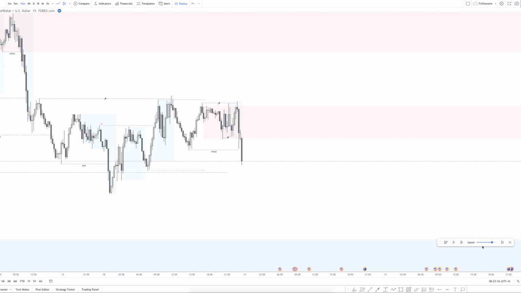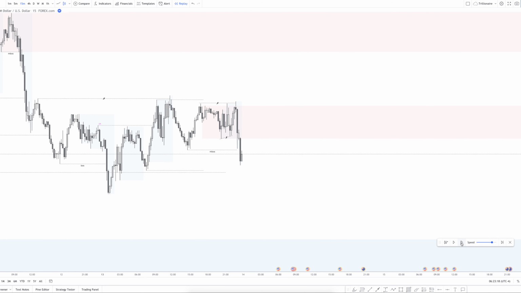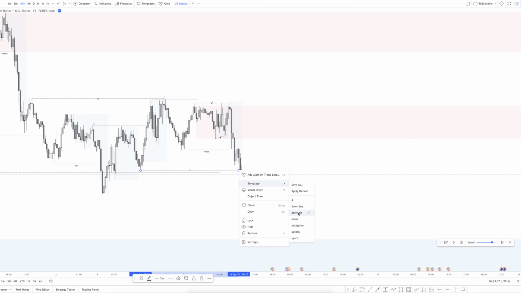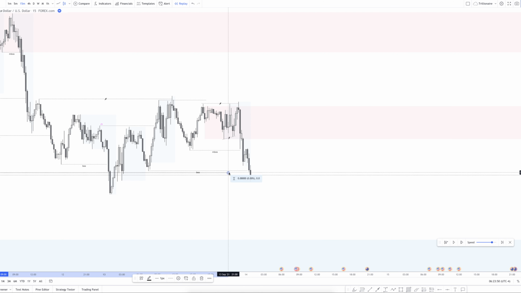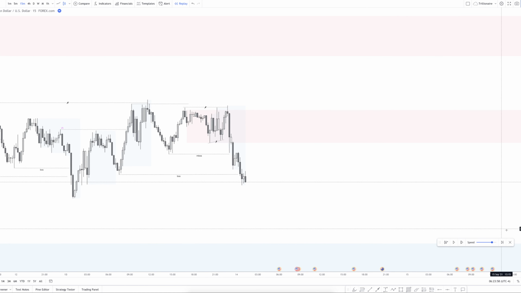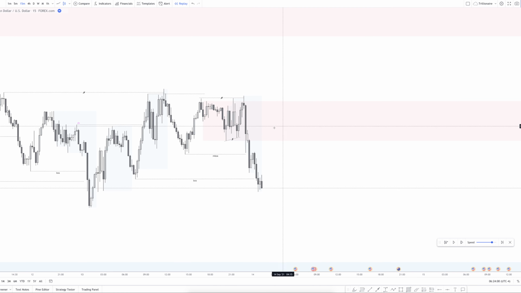We've just broken structure to the downside, letting us know that we are creating minor structure back to the downside. Let's move this out of the way. Okay. So now let's talk about what's in this leg here for us to pay attention to.